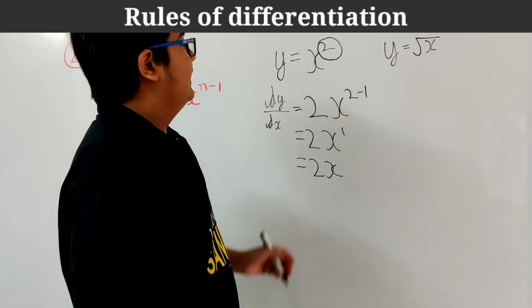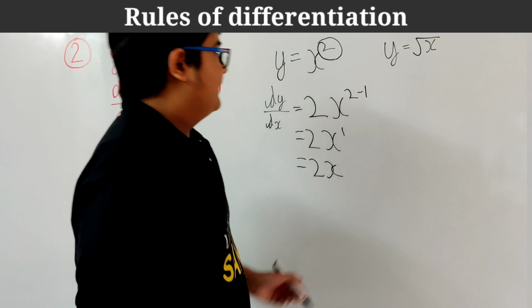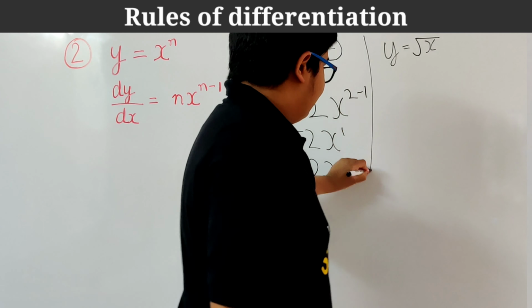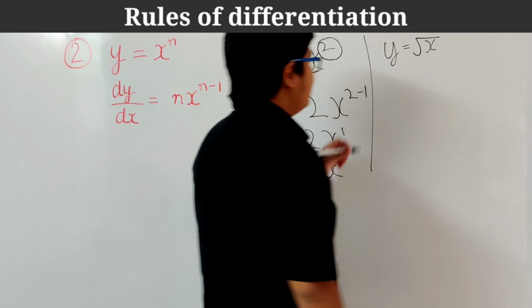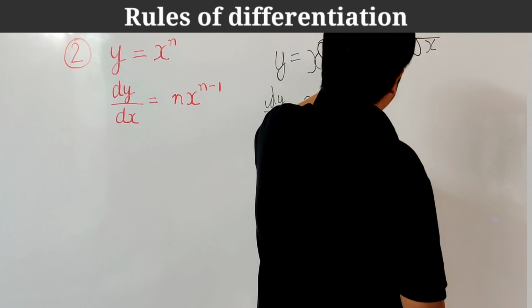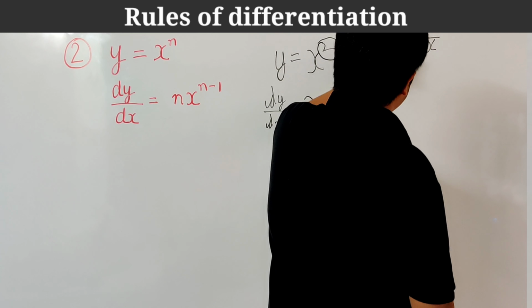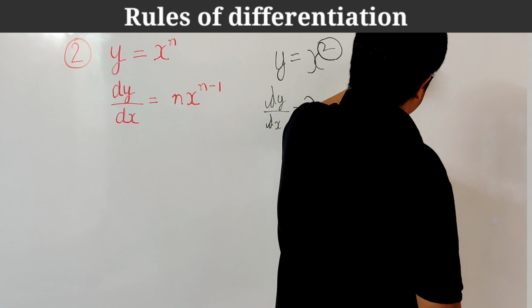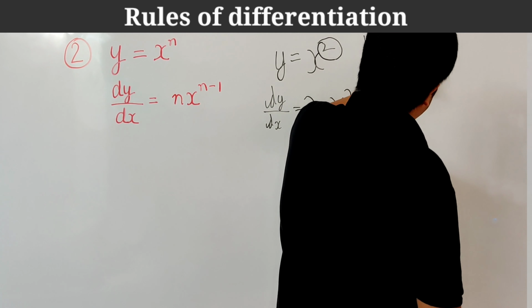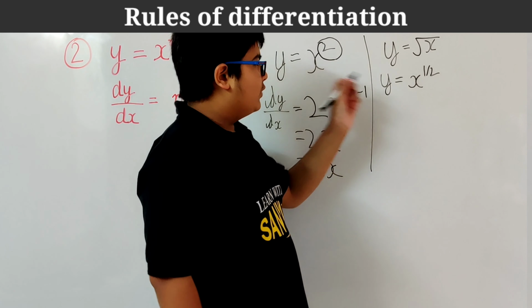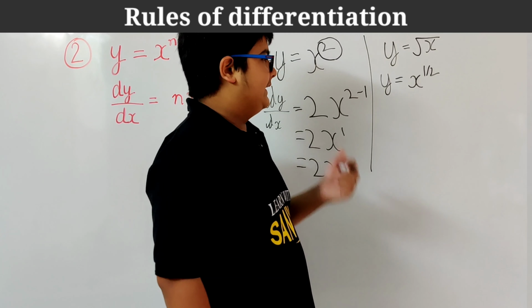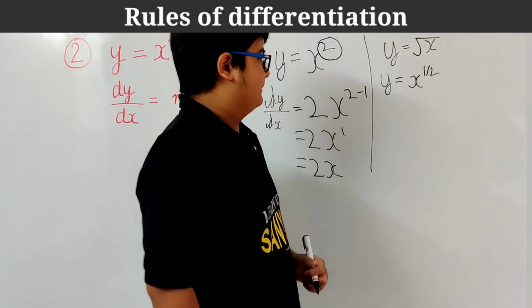Now let's take another example. This time we are given y is equal to root x. So now what will we do? We can write y equals root x as y equals x to the power half, because the square root of anything means that it is raised to the power half.